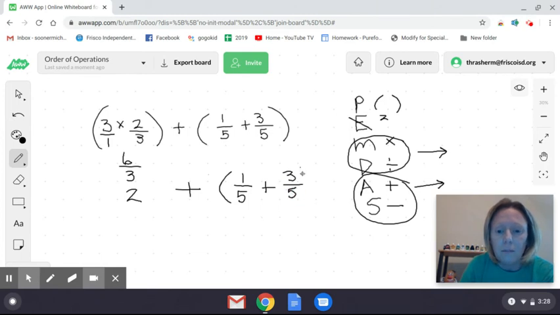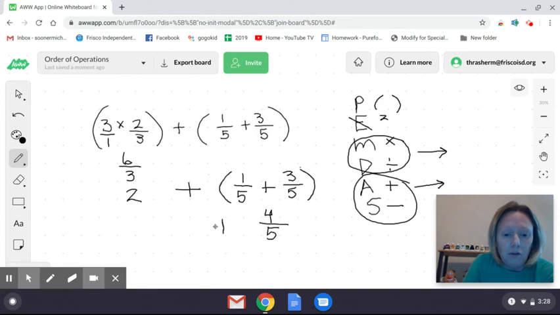So 1/5 plus 3/5, because those fractions have common denominators, I can just add straight across. 1 plus 3 is 4, and then I keep the same denominator, so I get 4/5. So now I just bring down what was already over here, one step at a time. 2 plus 4/5 is 2 and 4/5. So you end up with a mixed number as your answer in simplest form.